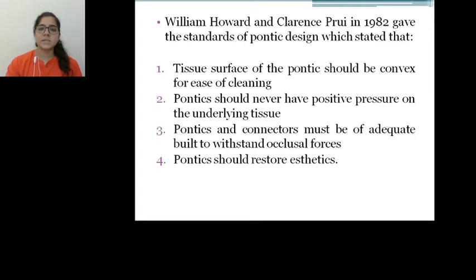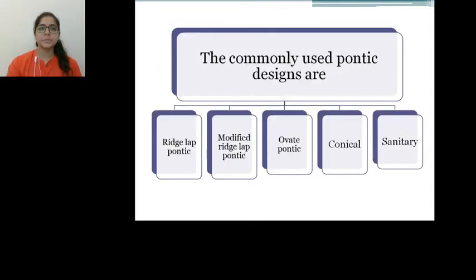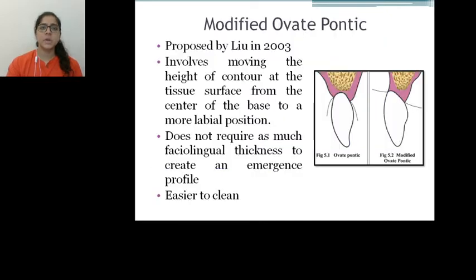Pontics and connectors must be of adequate build to withstand occlusal forces, and pontics should restore the aesthetics. The commonly used pontics in fixed prosthodontics are ridge lap pontic, modified ridge lap pontic, ovate pontic, conical pontic, and sanitary pontic. So in today's article, we will discuss some unconventional and modified types of pontic designs.